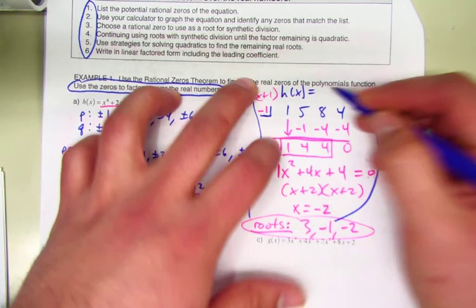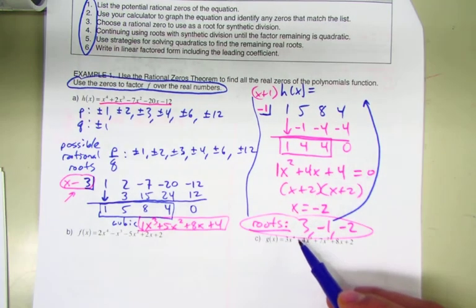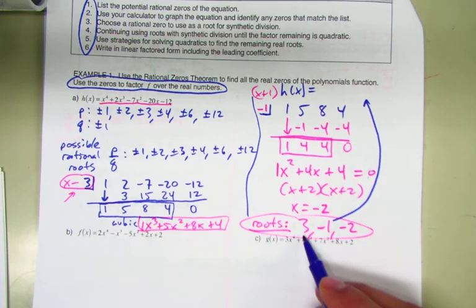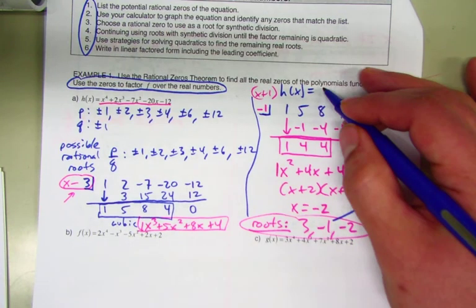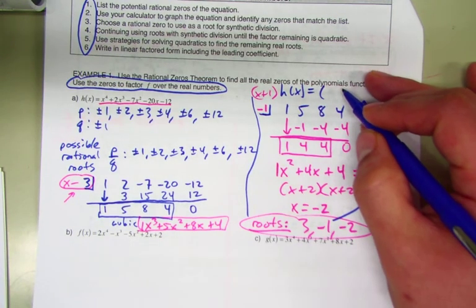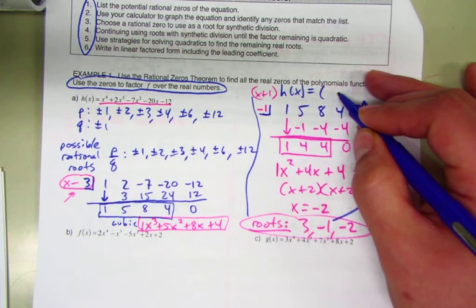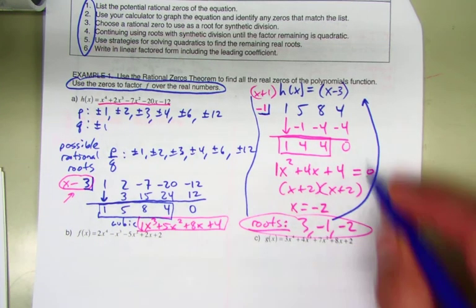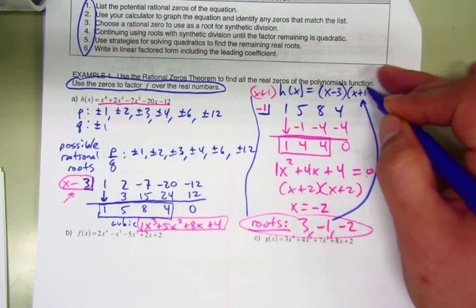H of x. Knowing that these are the roots, now we can work backwards and write out the factors like we've been doing in the earlier sections. Does that make sense? 3 is a root, so what factor does that translate to? X minus 3. Negative 1 was a root, so that's x plus 1.